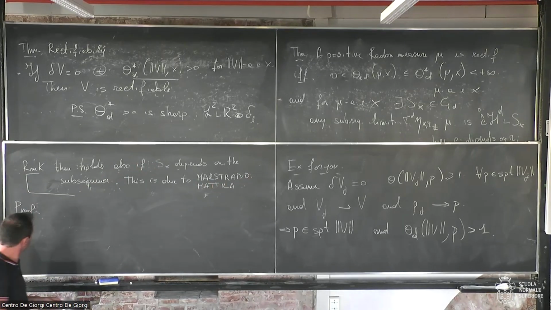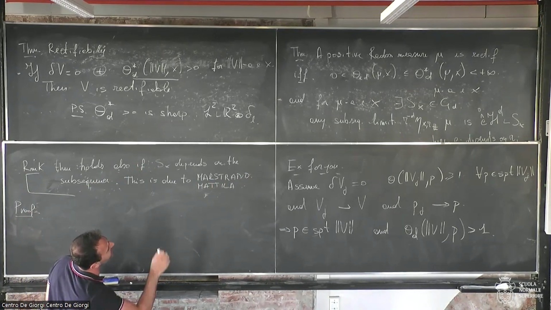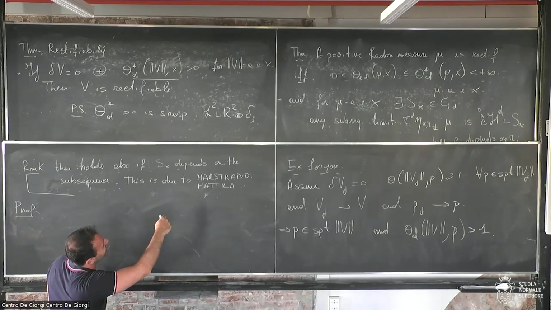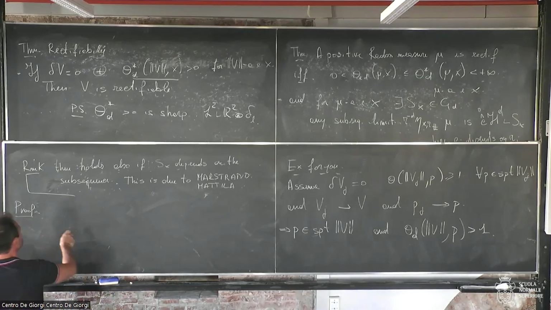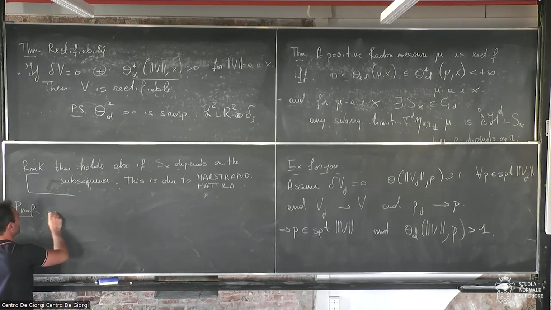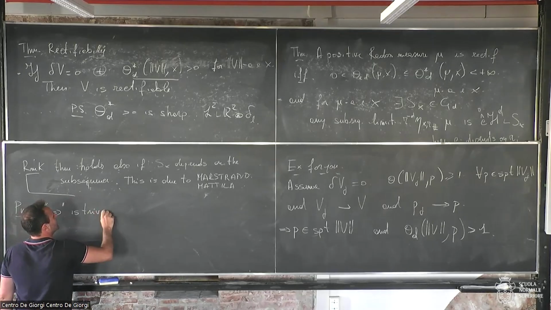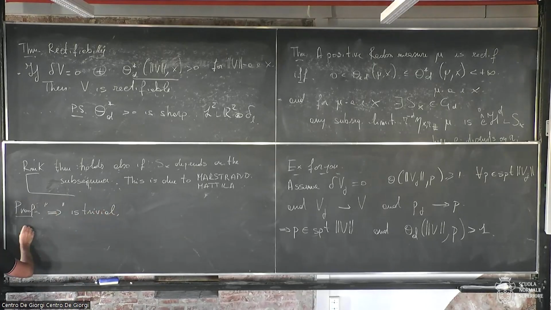So I will just sketch the proof of the implication that I need, the difficult one essentially. That is, this is trivial. So we just need to discuss this implication.